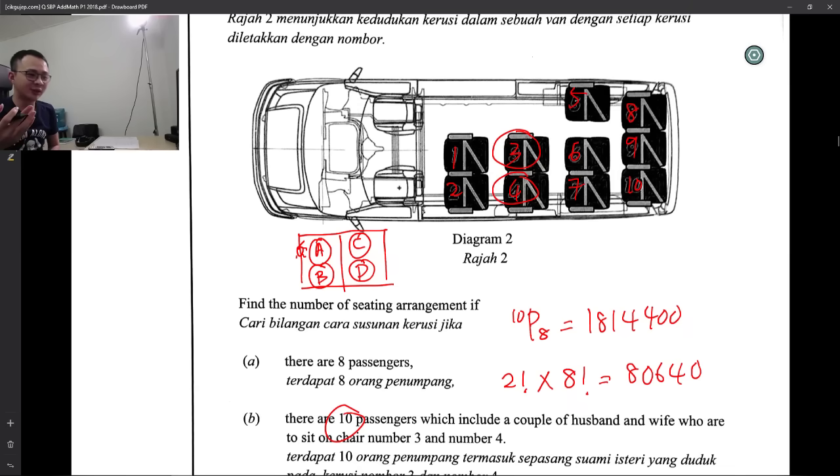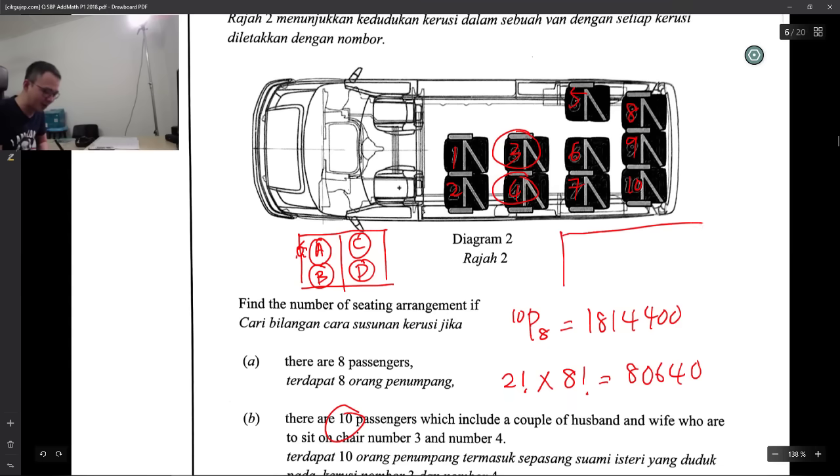Yeah, so I hope you can understand. I see some comments over there. Most of the time, if it relates to humans, we will use P, but it's not all the time, just most of the time. A very common question in SPM is, let's say in your class you want to sit in a row to take a photo.